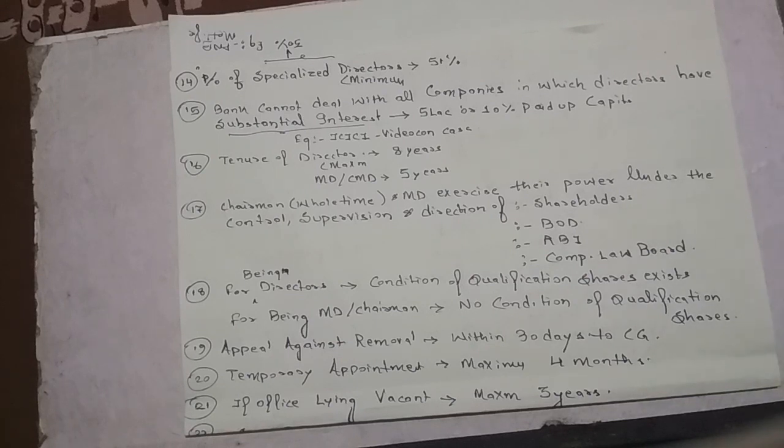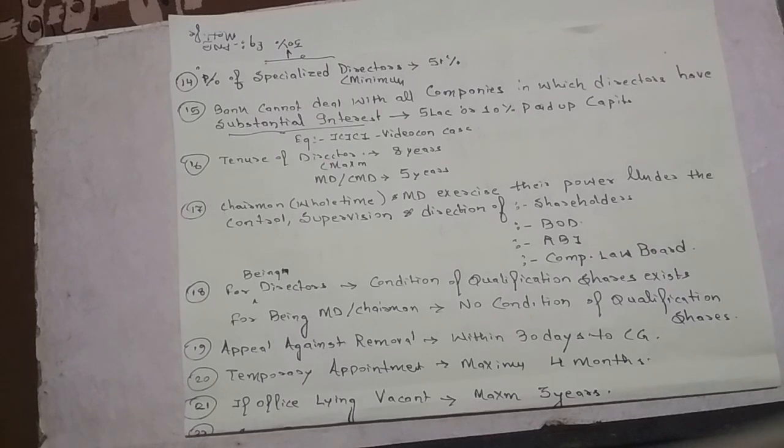In simple terms, if some board directors have an interest in companies to which the bank is giving loans, and that director's interest in the company taking the loan is 5 lakh or 10% of the paid up capital, or they hold shares of this amount, then this cannot be done.